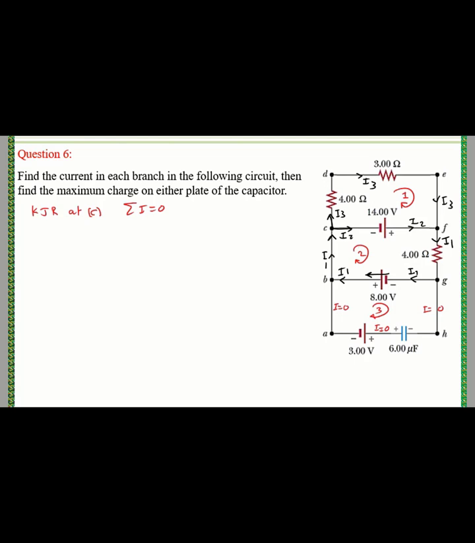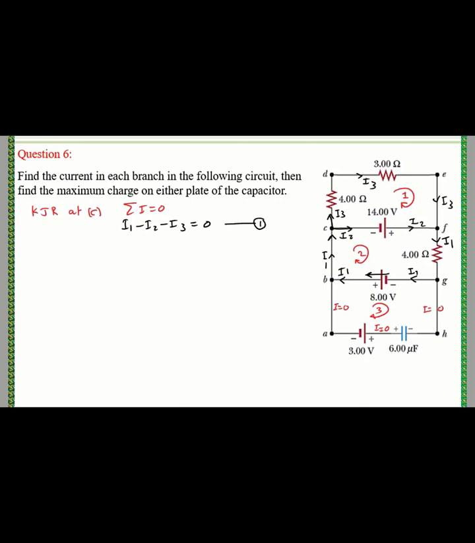I2 and I3, they are negative. So I1 minus I2 minus I3. Why do we put a negative sign for I2? Because we consider the in current positive and the out current from the junction negative. So this is the first equation.